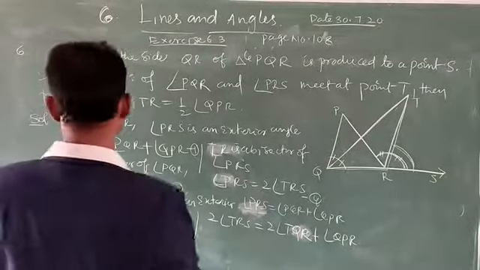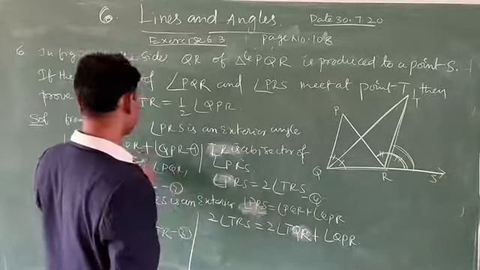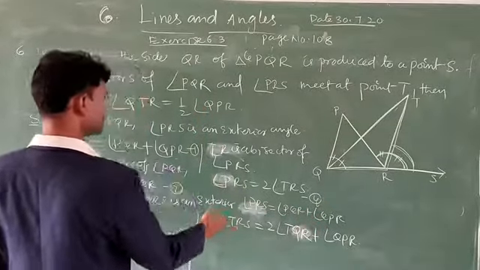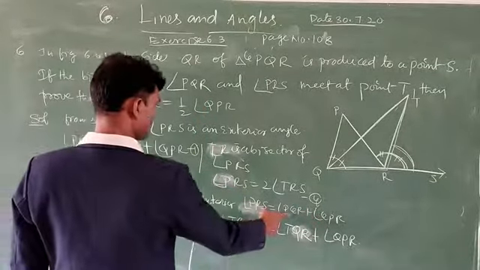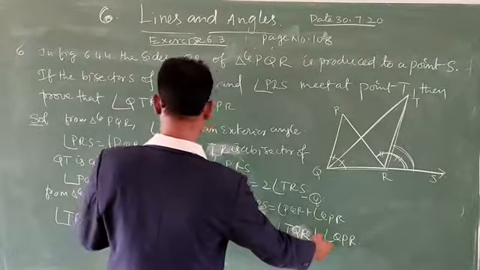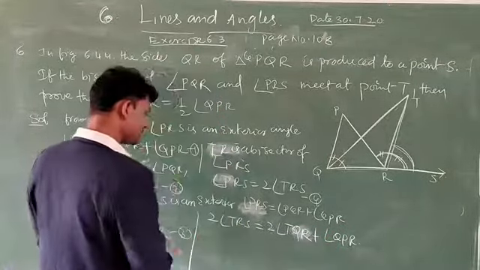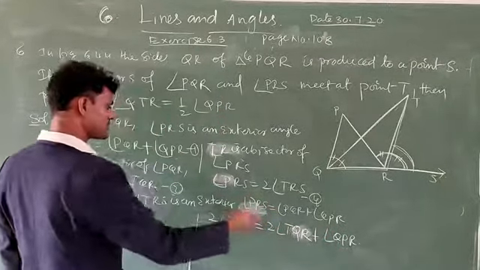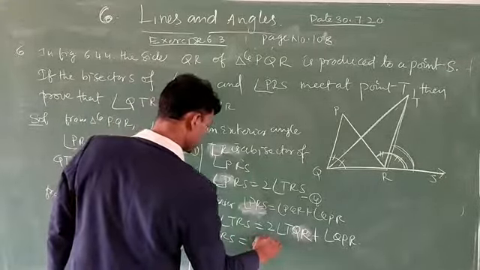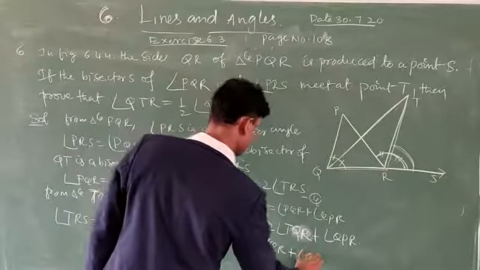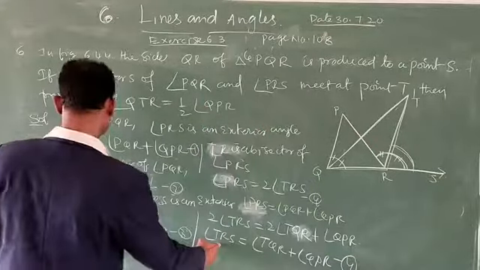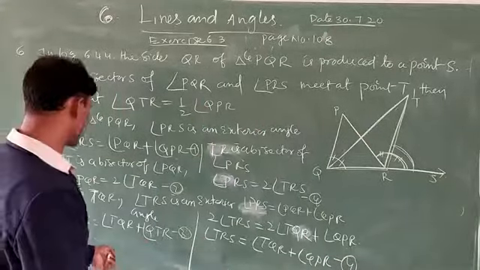Now see here, PRS is equal to PQR plus QPR. Same as, you can write PRS as 2 TRS, and PQR as 2 TQR plus QPR. Now we want TRS, so divide this whole equation by 2. Angle TRS is equal to, the 2 cancels, TQR plus half of angle QPR. This is equation 4. Now this is also TRS, this is also TRS. Both are equal.